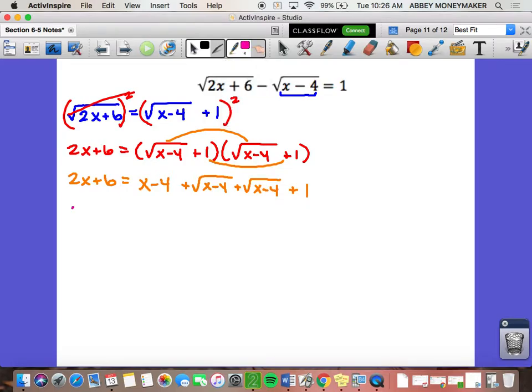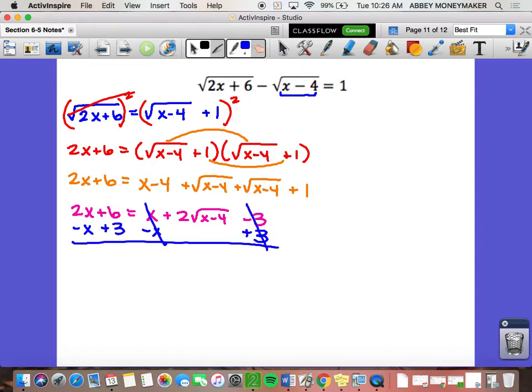So from here we have 2x plus 6 is equal to, that gives me x plus 2 square roots of x minus 4, and then I got negative 4 plus 1 gives me negative 3. From here, I'm going to subtract the x and add the 3 to get rid of that. So that gives me x plus 9 is equal to 2 square roots of x minus 4.